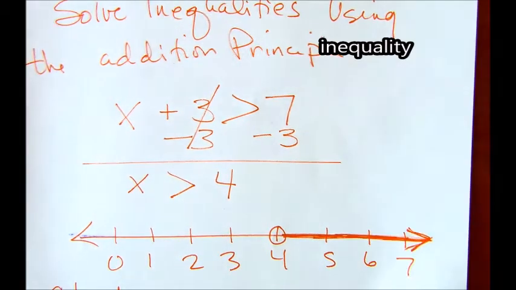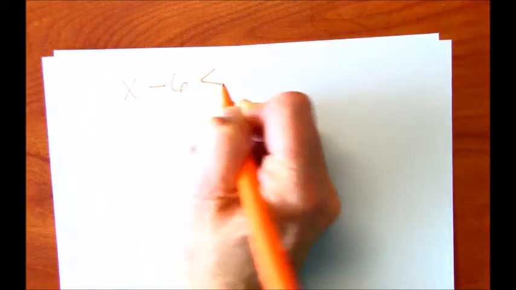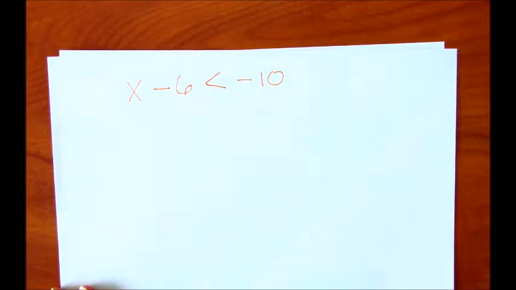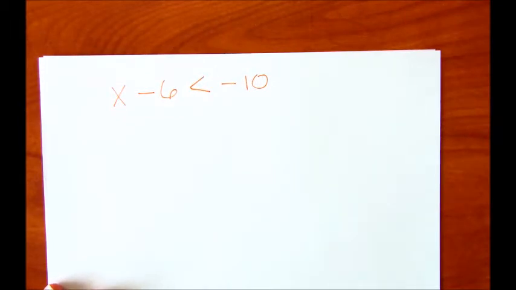All right, let's do another example. Let's zoom out a little bit here. Let's try x minus 6 is less than negative 10. Again, the addition principle states that we're going to add the opposite.